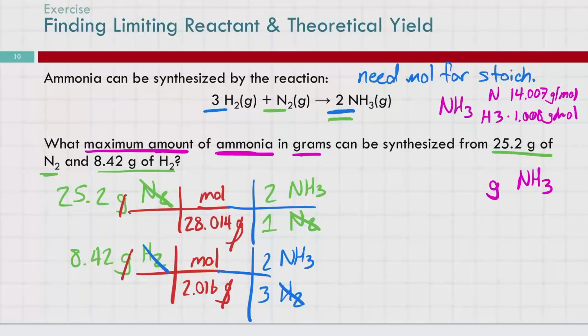We're putting into our calculator 14.007 plus 3 times 1.008. You should get out something that resembles 17.031 grams per mole.